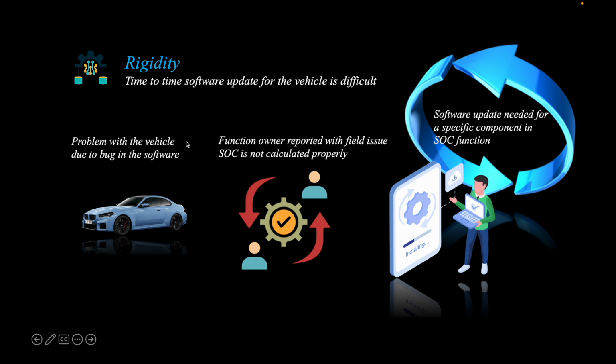The vehicle is not telling you the right SOC. Whenever you turn off the car and again turn on the car, the SOC gets changed. So in this case, it is not good behavior for the customer, right?